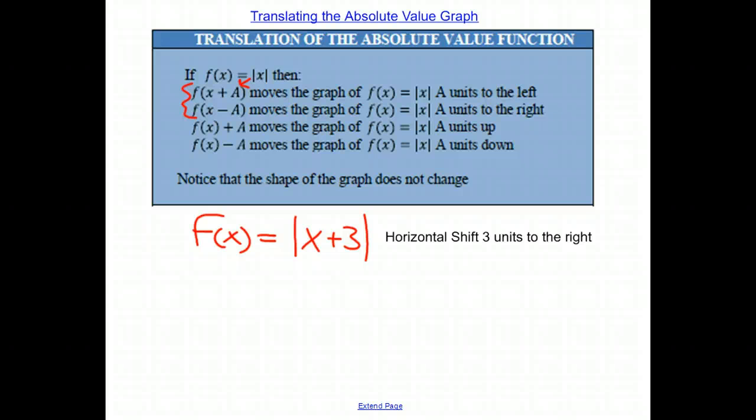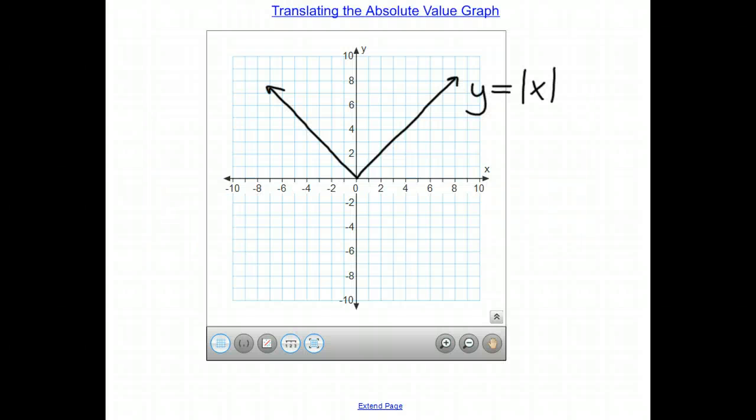So if we take a look at the absolute value of x plus 3, what does that do to the parent function? Well, if we take a look at our original graph, here we have the absolute value of x. If I want to have y equals the absolute value of x plus 3, I know that that is a horizontal shift 3 to the left. So I'm going to take this one vertex point and shift it 3 to the left.